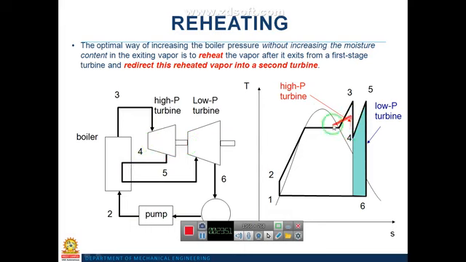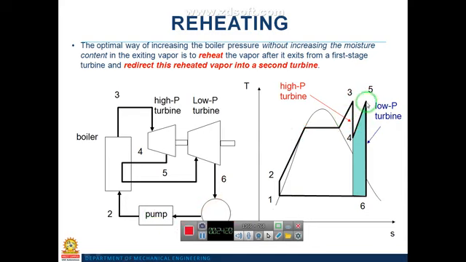Here, if you see this TS diagram, 2 to 3 is the boiler. From 3 to 4 is the high pressure isentropic expansion. At point 4 we extract the steam from the high pressure turbine at a certain pressure and resend it into the boiler, where it is heated at constant pressure up to a temperature of T5.